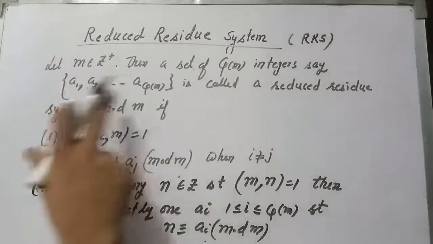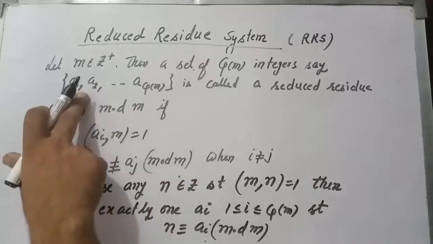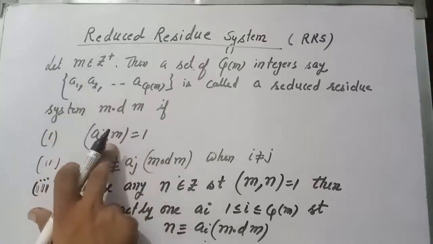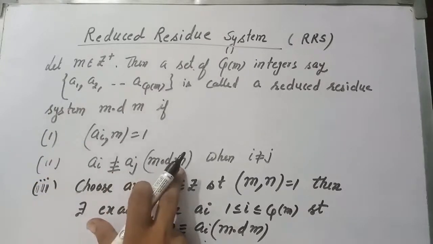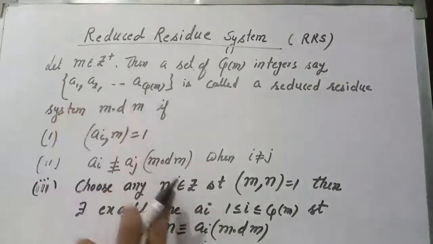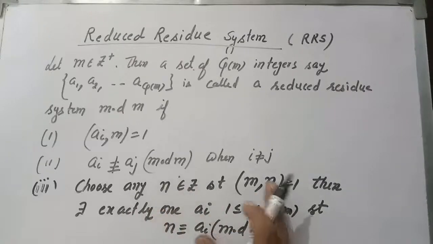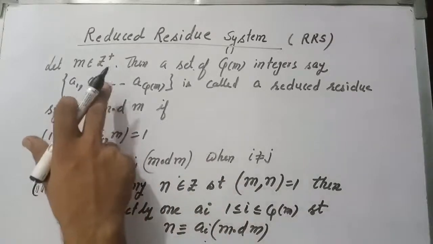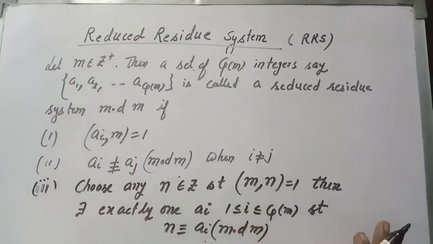These are phi m integers, such that each integer in this set has GCD 1 with m, and no two integers are congruent modulo m. And if you choose any other integer n having GCD 1 with m, then there exists exactly one ai from this set which is congruent to the integer you have chosen. Okay, so this is the definition of reduced residue system.